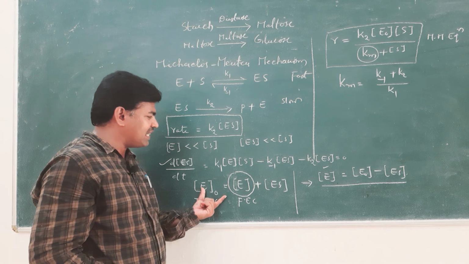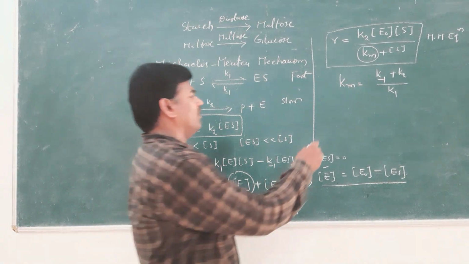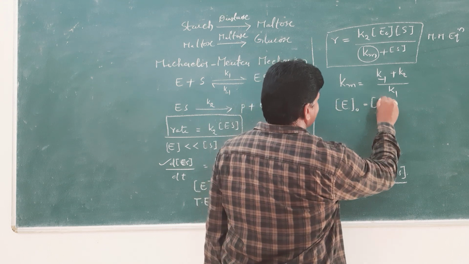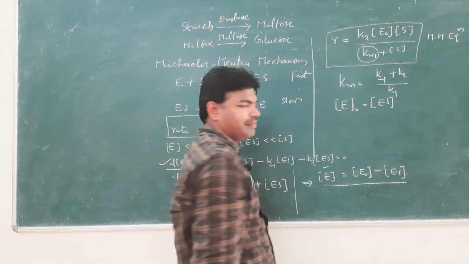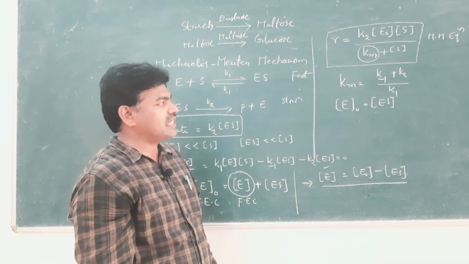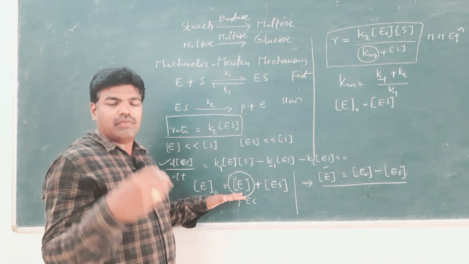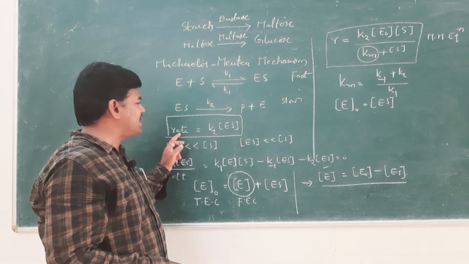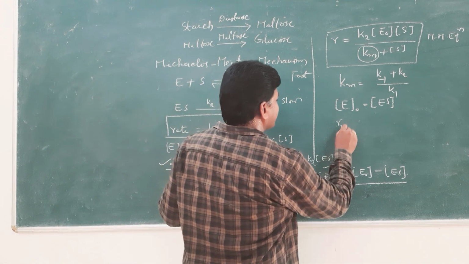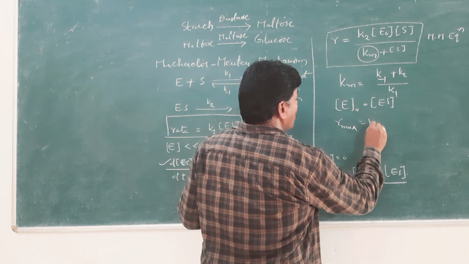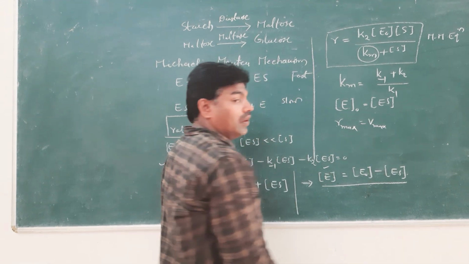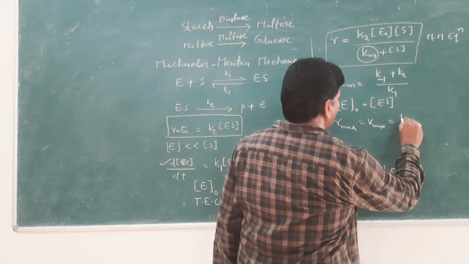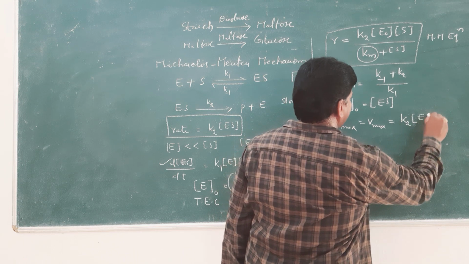Then this equation becomes E naught equal to ES, that is, total enzyme concentration is equal to the enzyme substrate complex. When all the enzyme is exhausted, the rate is maximum, that is rate maximum or velocity maximum is equal to K2 into concentration of ES.